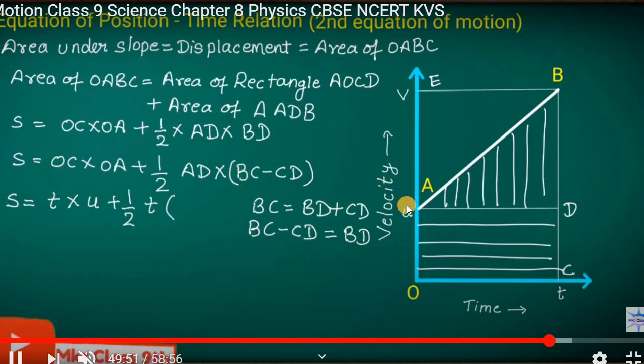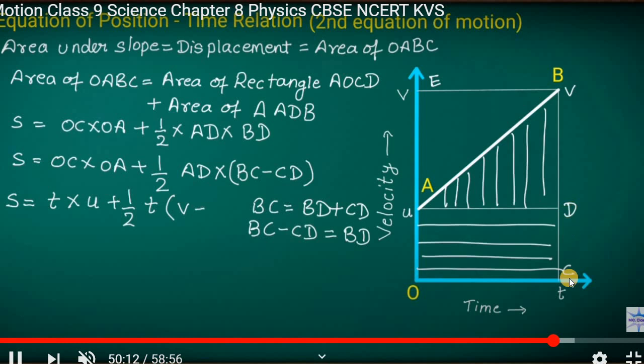Now what is BC? Here you can see BC is equal to OE, meaning it is the final velocity. So instead of BC we can write V. V minus CD. Now what is CD?